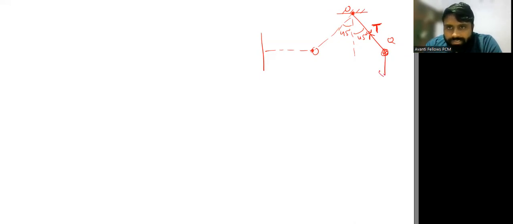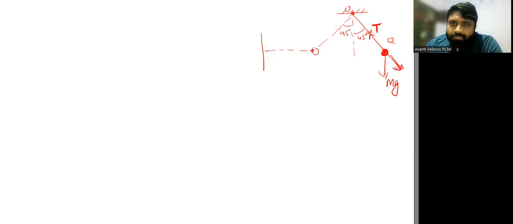Now the weight is acting downward, mg. This is the extreme position, which means this bob is momentarily at rest, because at the extreme position it comes to rest, but only for a moment. So for that moment we can apply the equilibrium condition.